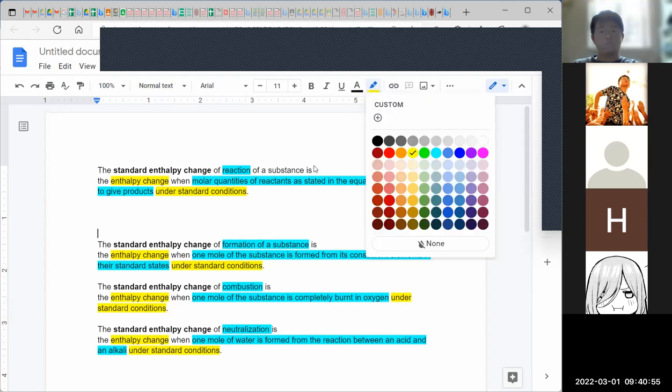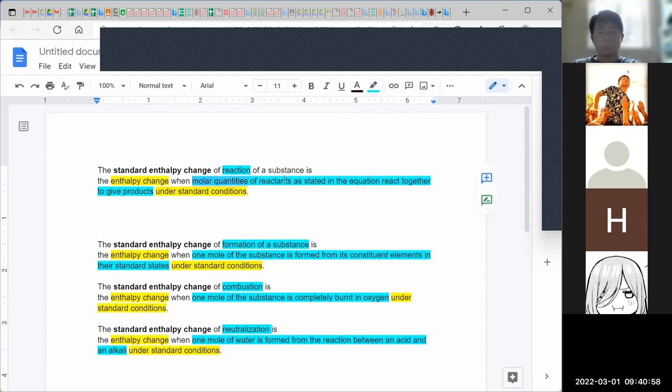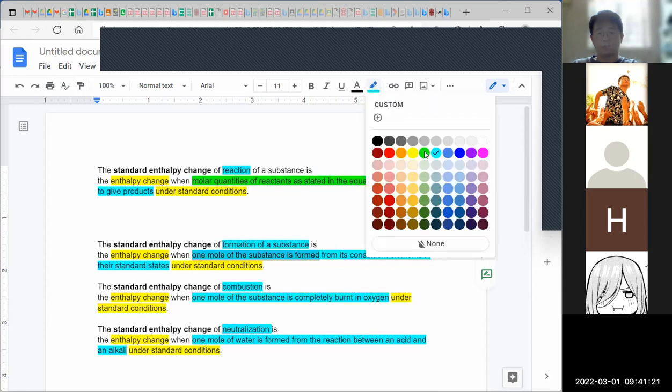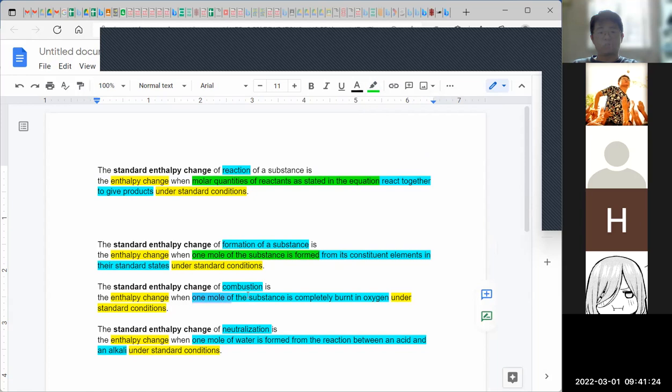It tells you the molar quantities stated in the equation. So this is the definition, because you may see the equation does not have to be one mole of the chemical. If you want the forming of a substance, 1 mole of substance is formed. If you talk about combustion, you go in reverse: 1 mole of substance is completely burnt.